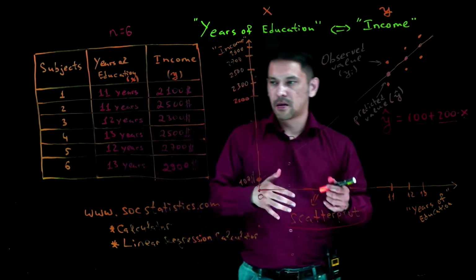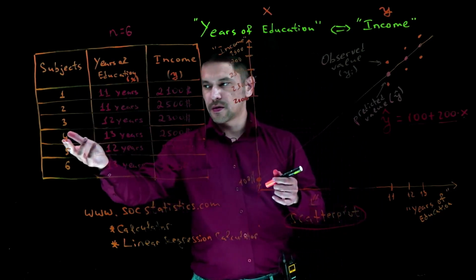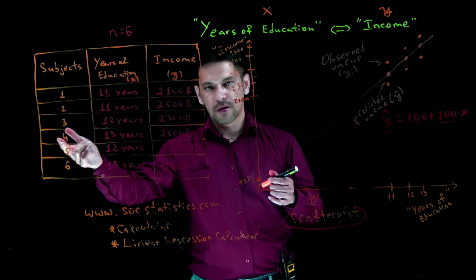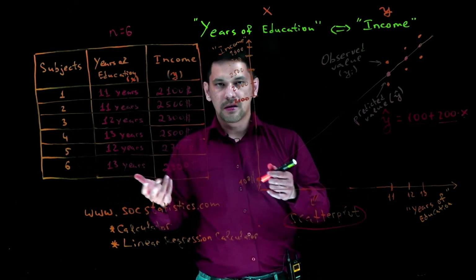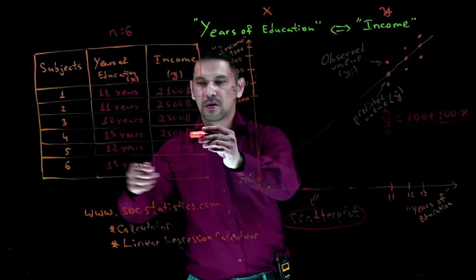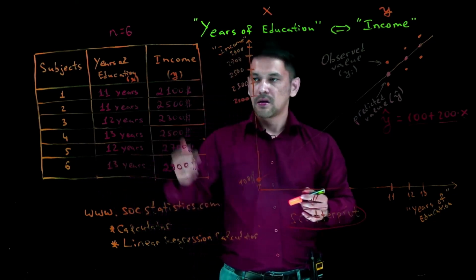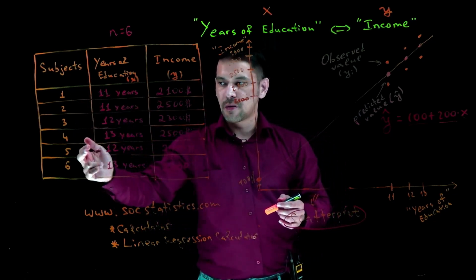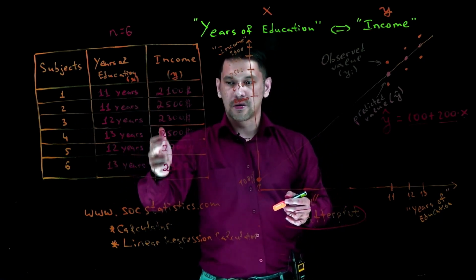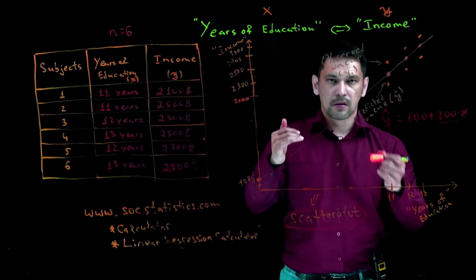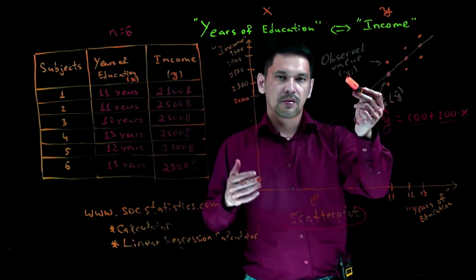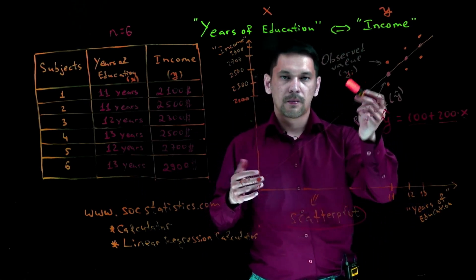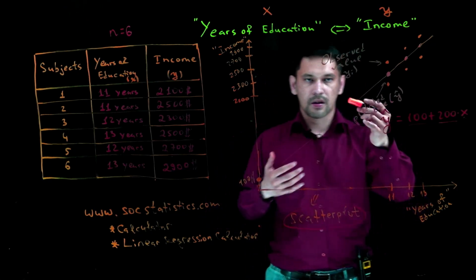And if I say that the observed value for this person is $2,500, it just means that the y value for this person is $2,500. Since we have 6 people in our sample, we have 6 observed values here. Now, the symbol we use for an observed value is this. It's pronounced as y sub i. Please try to memorize that.